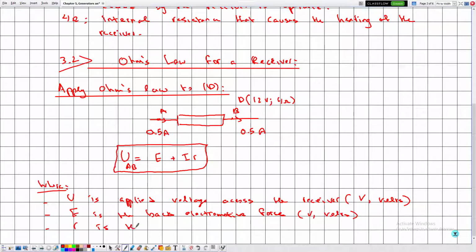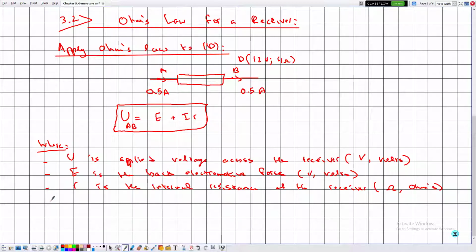R is the internal resistance of the receiver, and omega for ohms. And finally I is the current traversing the receiver, and it's given by A for amperes.